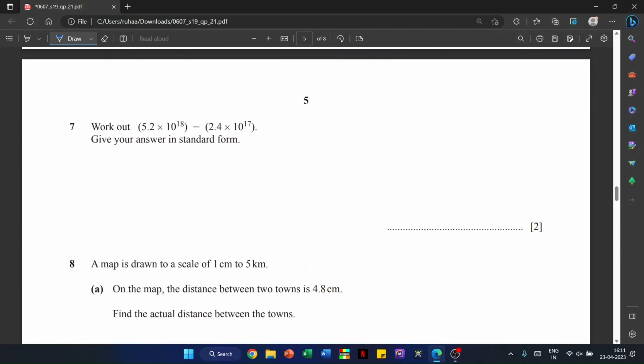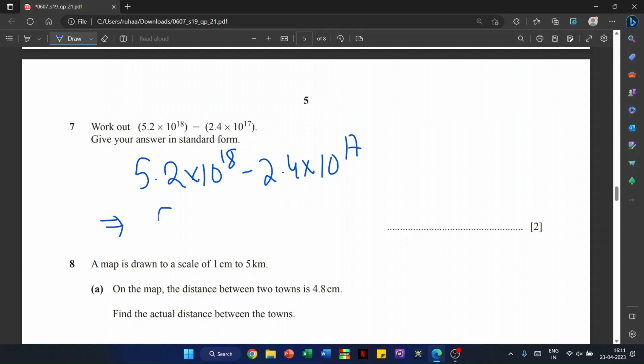Now, work this out and write it in standard form. Simple. Over here, 5.2 times 10 to the power 18 minus 2.4 times 10 to the power 17. This 10 to the power 18 can be written as 5.2 times 10 times 10 to the power 17. If you don't understand that, it's basically because this 10 is to the power 1.